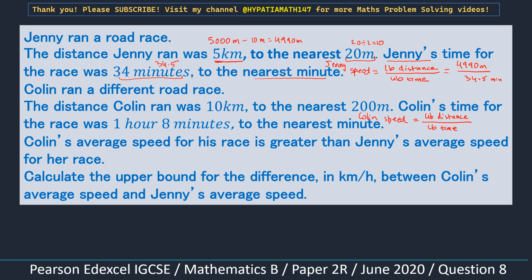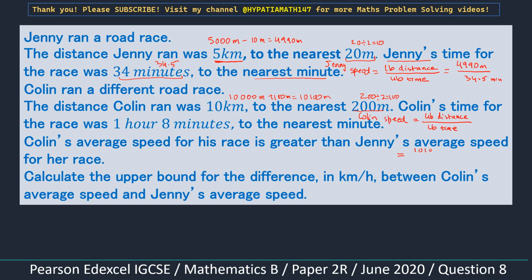Now the upper bound for distance, here we have 200 meters, so 200 divided by 2 is 100 meters. So that's 10,000 meters plus 100 meters, so that is 10,100 meters.